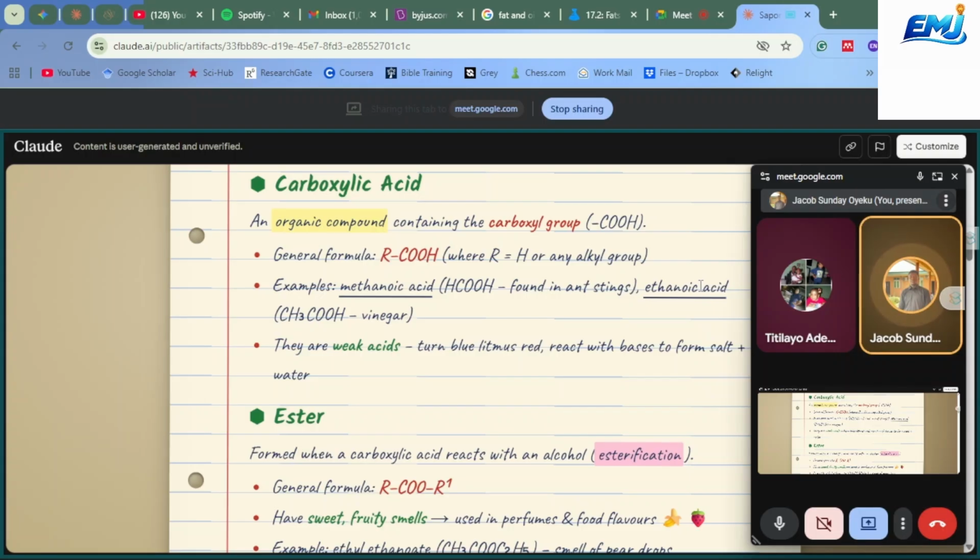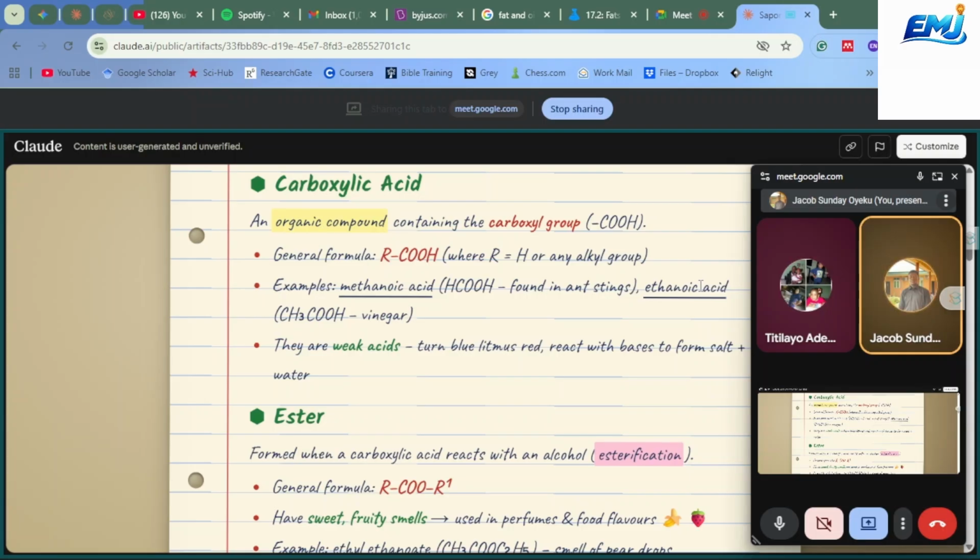I was telling the 100 level class last week that organic acid is something you can find in nature. You can find it in nature. So if an ant bites you, what is contained in that sting, that thing that pains you in your body when an ant bites you, it's actually methanoic acid. Do you get?